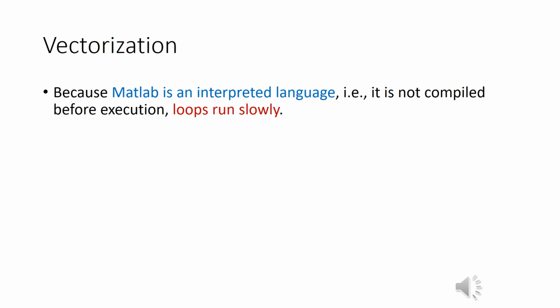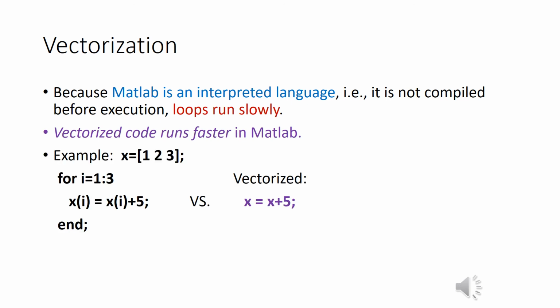Vectorization. Vectorization is faster in Matlab because, as you know, Matlab is an interpreted language. It means that the code is not compiled before its execution. So here loops actually run slowly, and vectorized code runs faster in Matlab. Let's see an example.